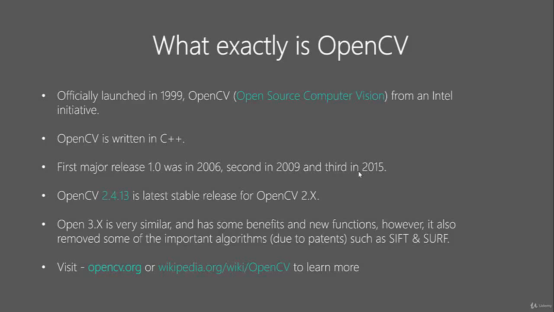Now, in this course, I will actually encourage you to use 2.4.13. It's actually very new. The latest release I think was just last year. However, you can check the website. It may be a later version by the time you read this course. And it's quite stable and it's widely deployed. I remember seeing stats saying that up to 60% of researchers still use OpenCV 2.4.13.